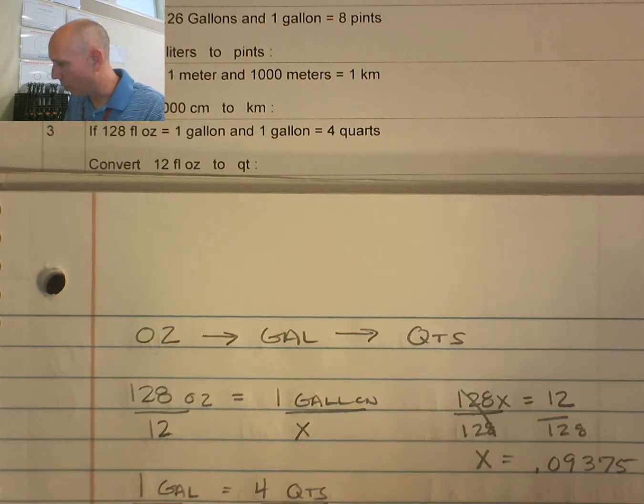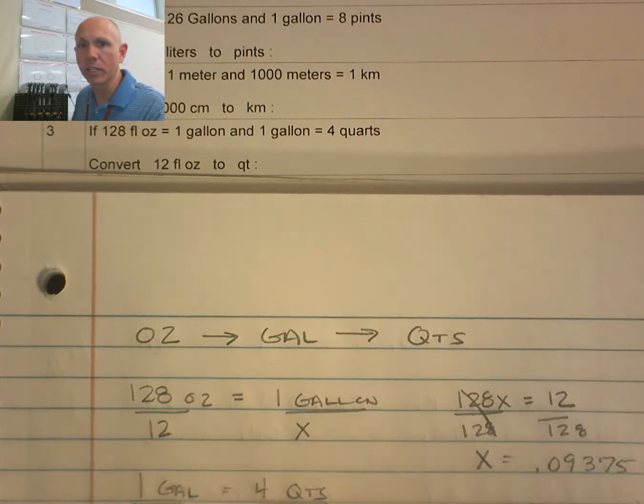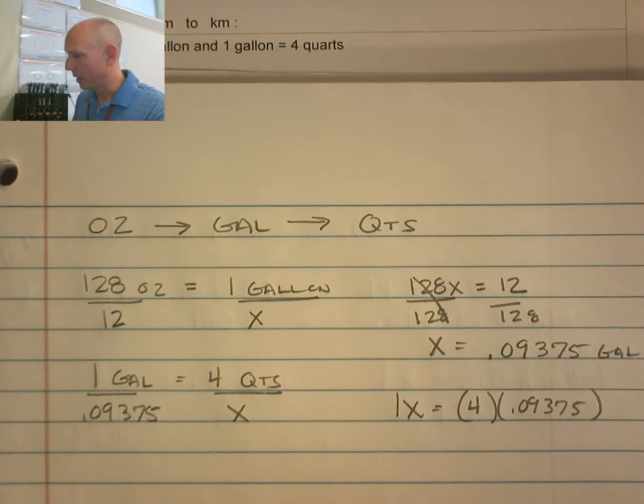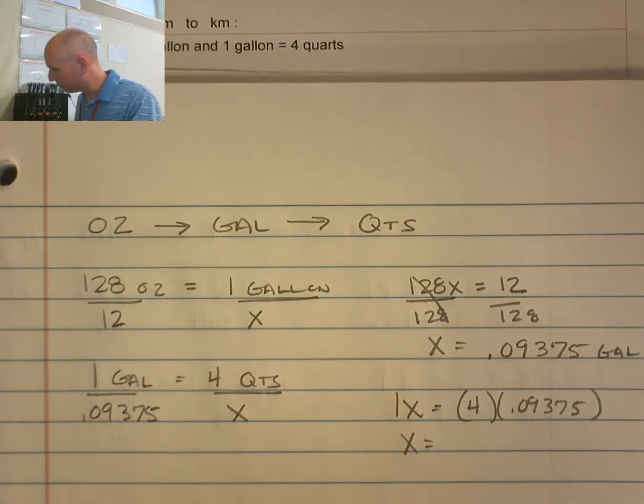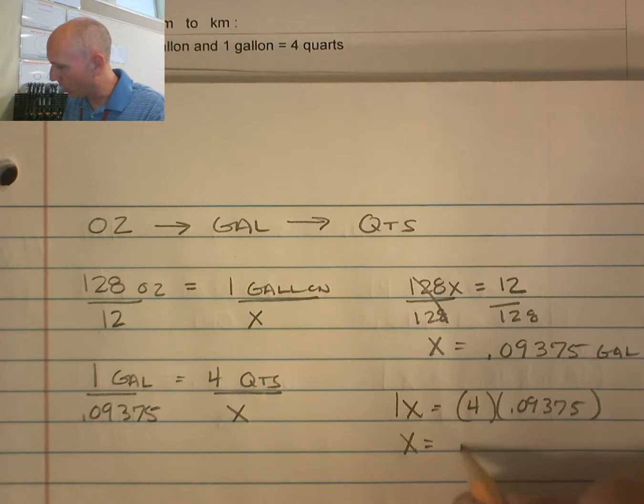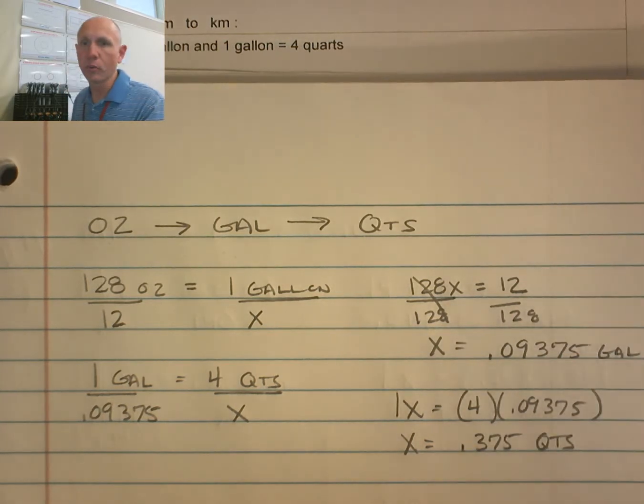That's going to give me 1x equals 4 times 0.09375. That gives me x equals 0.375 quarts. So my answer is 0.375 quarts.